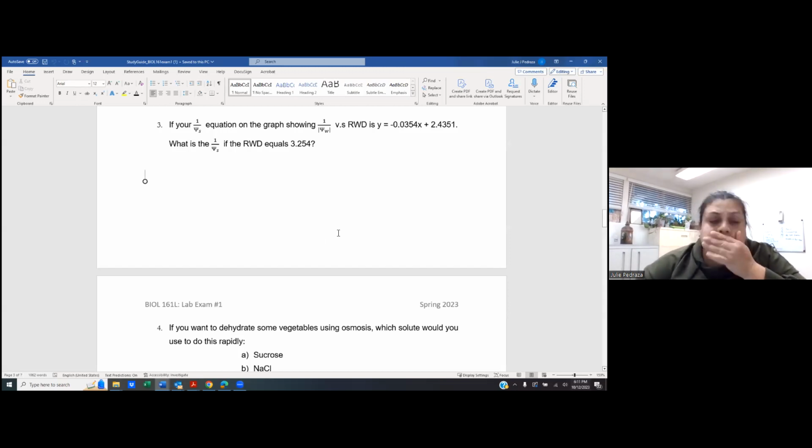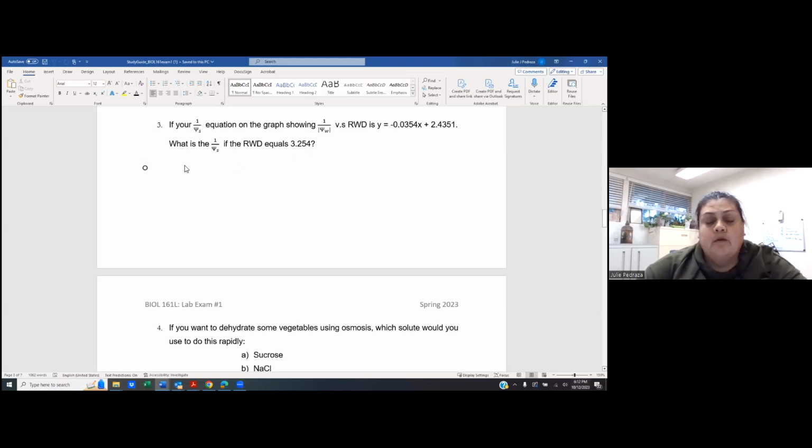Okay. So this question is saying if you are looking at the 1 over psi s equation on the graph showing you 1 over the absolute value of water potential versus relative water deficit, and on that graph the linear equation is y equals minus 0.0354x plus 2.4351. What is the 1 over psi s if the relative water deficit equals 3.254?